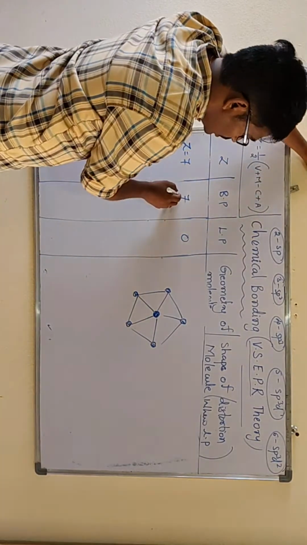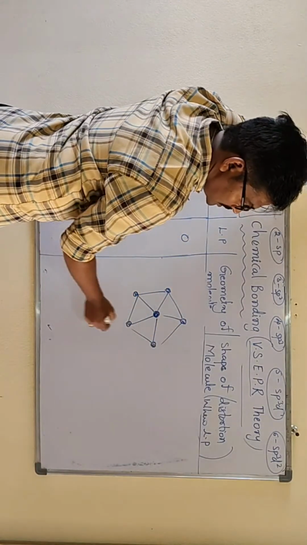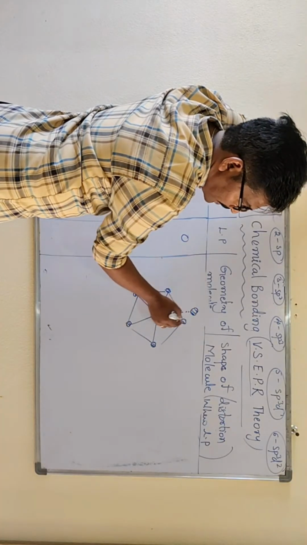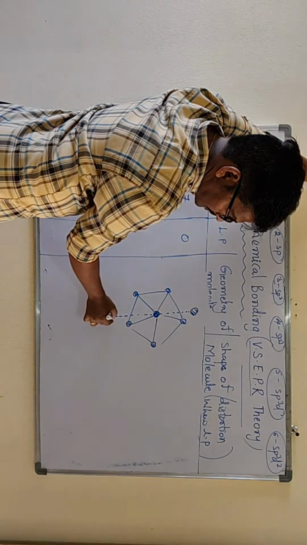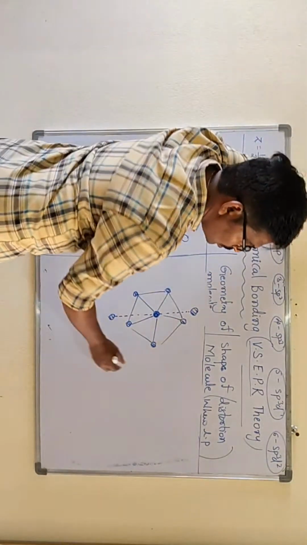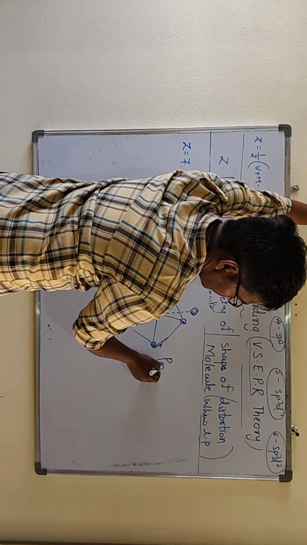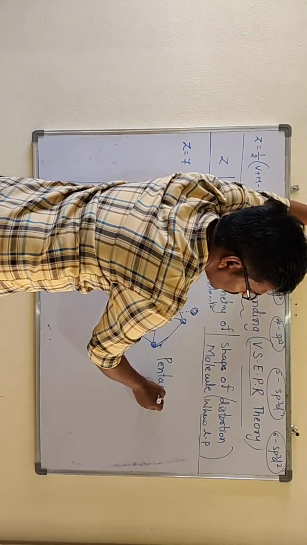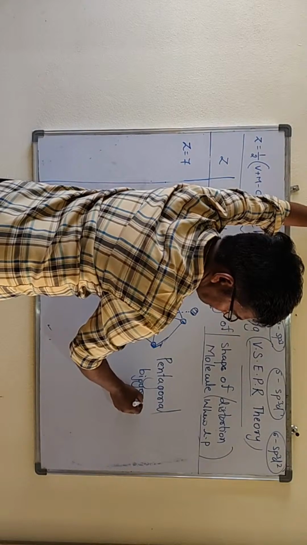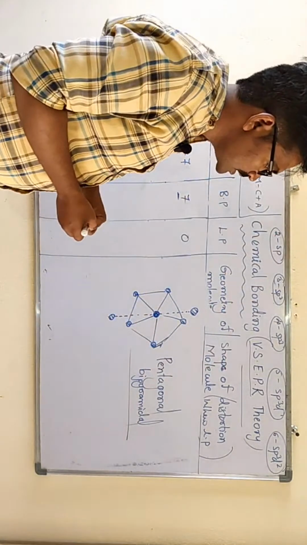Then the remaining 2 bond pairs occupy one above the plane and one below the plane. Pentagonal bipyramidal we call it.